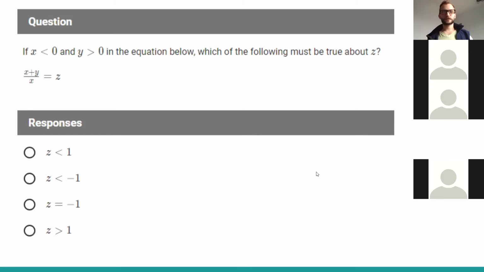Take another 20 seconds, solve this one, put your answer, take an educated guess, and we'll review.